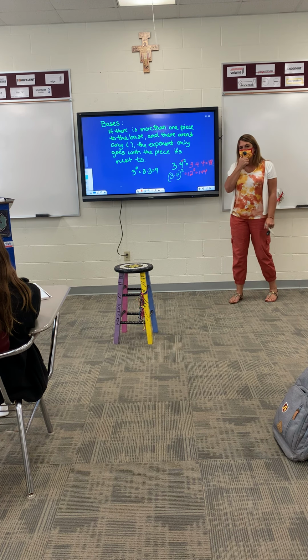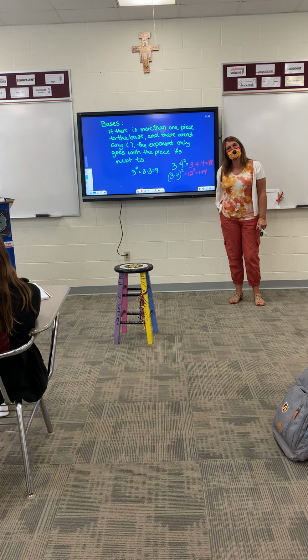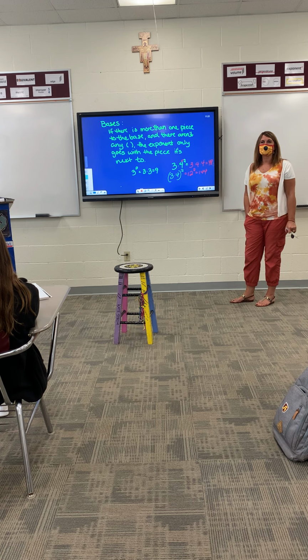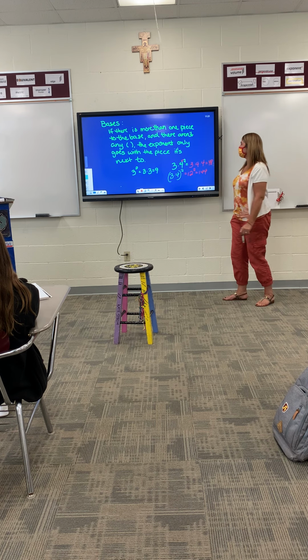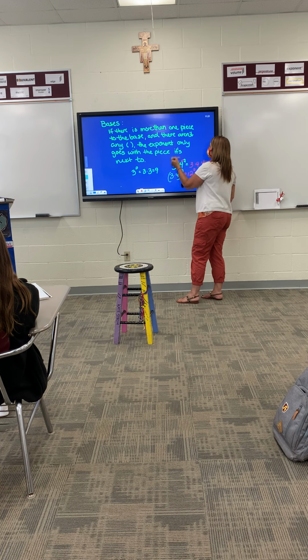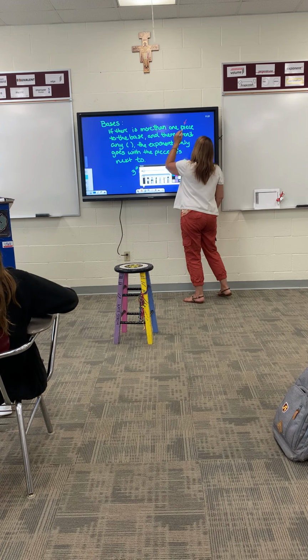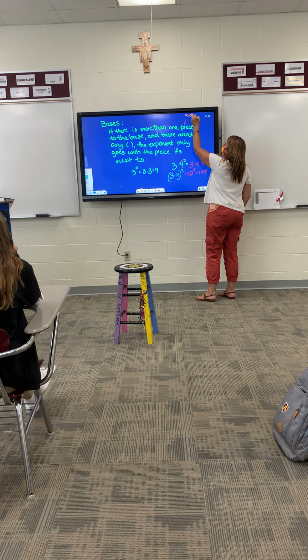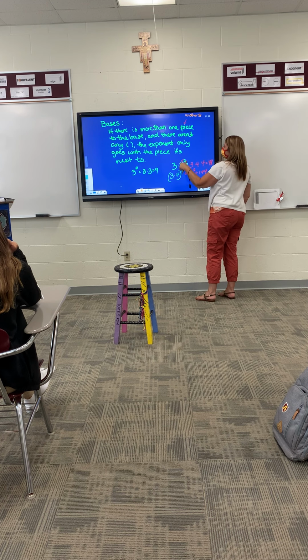When we do exponential rules here in the near future, we're gonna see that a lot with the variables that I had up there first. So far so good? Okay, because this piece of the base could be another number, like I have here.